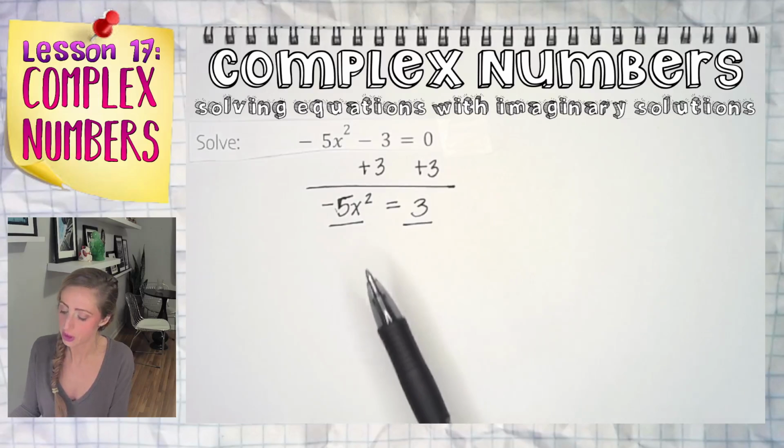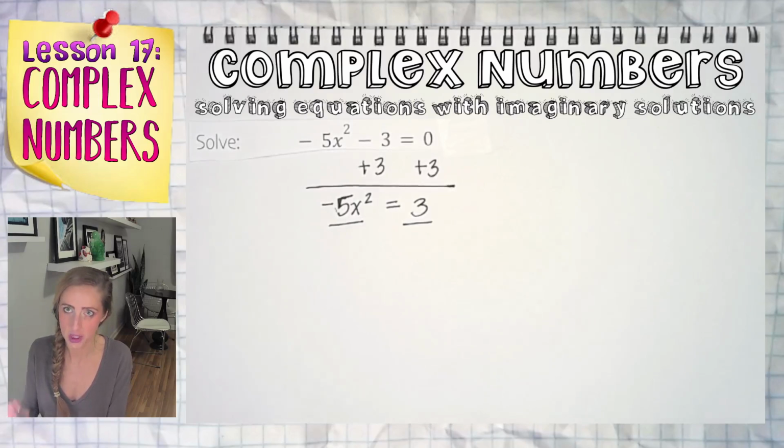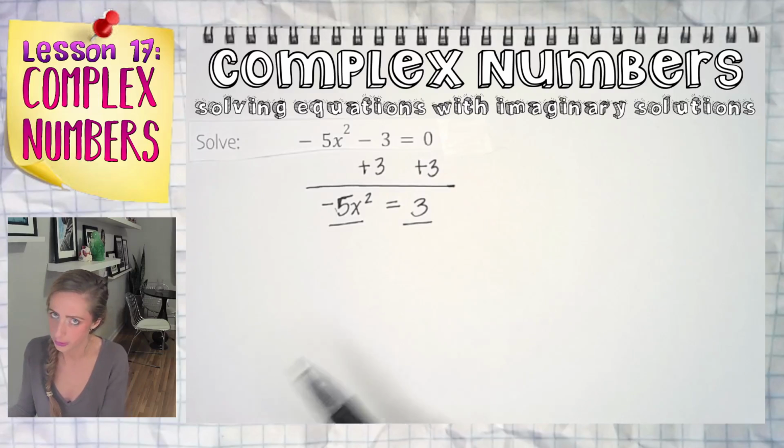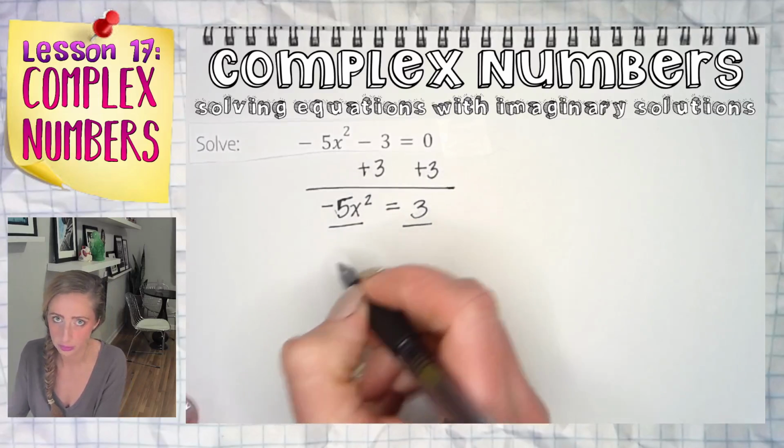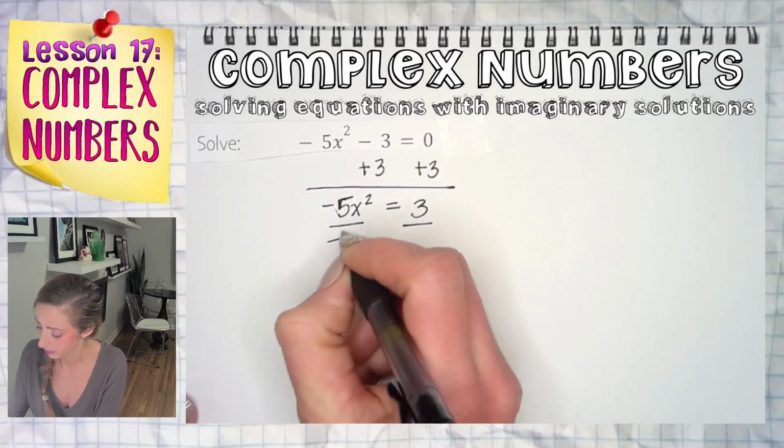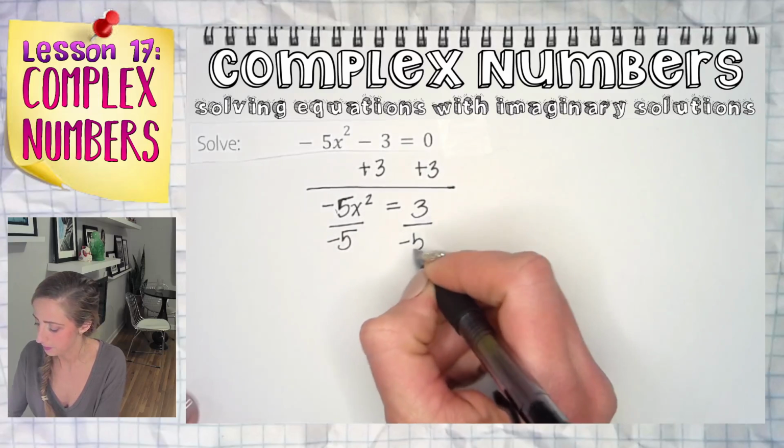So it's attached to that x squared with multiplication. And to get it separated from that x squared, we have to use an inverse operation, which is division. What will people do? Add. Because they see -5 and they think, oh, +5. No. Don't do that. Don't you dare. We're going to divide both sides by -5.